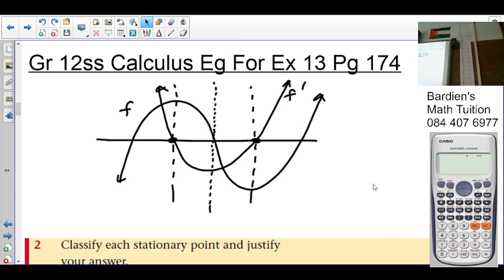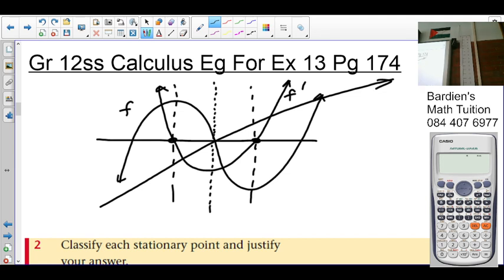The axis of symmetry of the quadratic function goes through the point of inflection of your cubic function. If I draw your second derivative function here, it's going to cut your x-axis at that point of inflection.